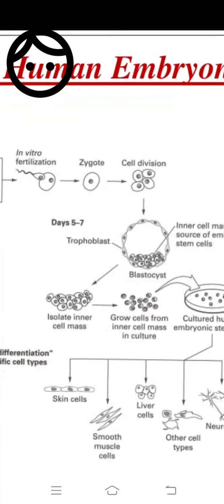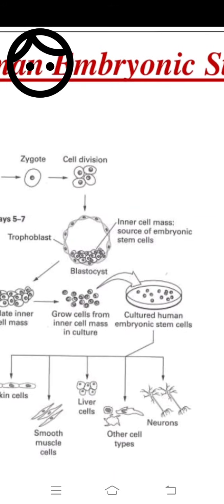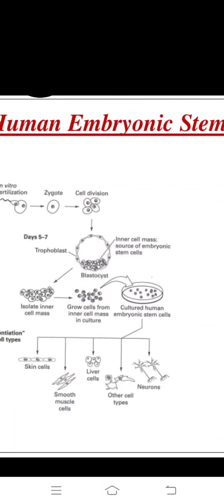Form the zygote. The zygote is formed, then cell division. Cell division in 5 to 7 days forms the trophoblast. Human embryo forms the trophoblast to form the blastocyst. Okay, inner cell mass is the source of embryonic stem cells. So we already discussed inner cell mass.